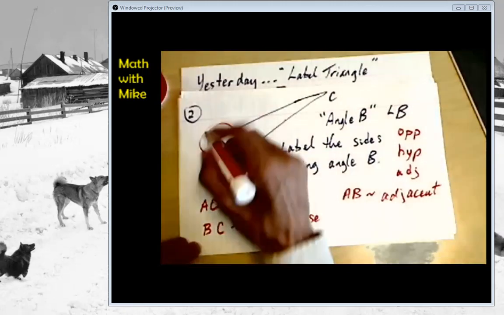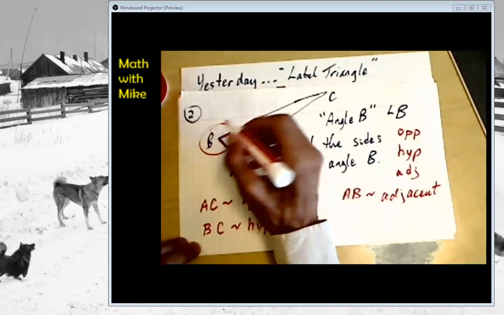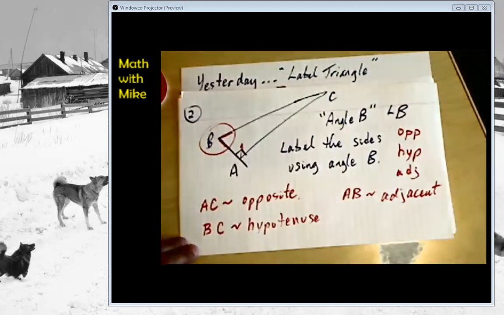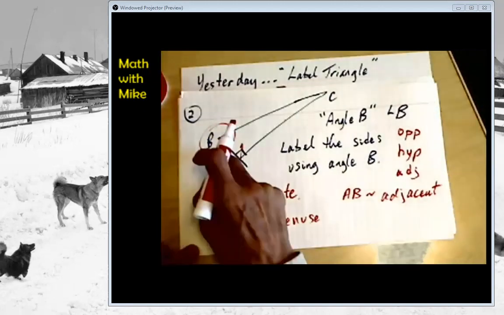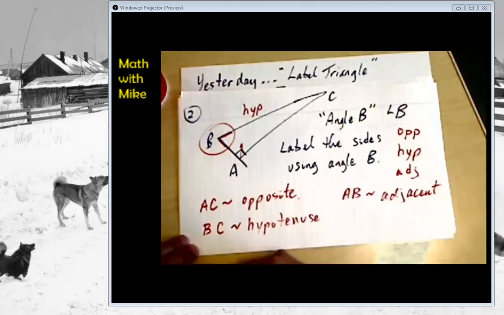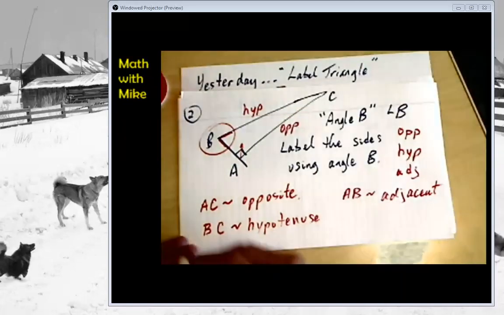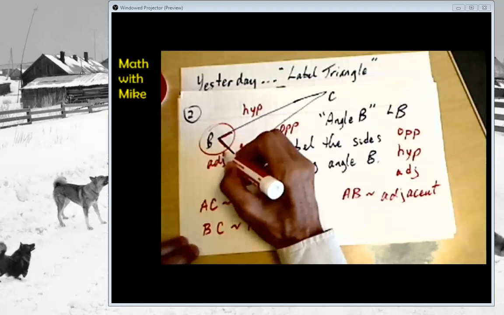So the adjacent and the hypotenuse make the angle that we are using. Okay, so I'll just put there HYP because it is, OPP because it is, and then ADJ because it is.